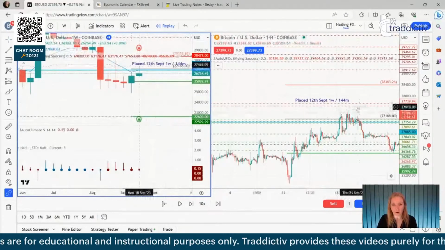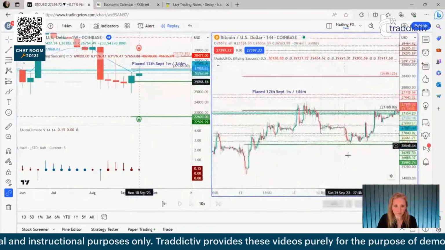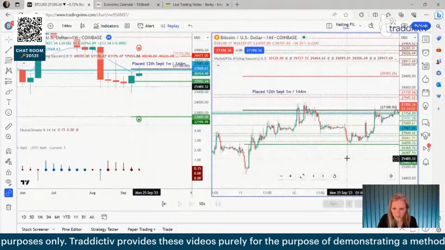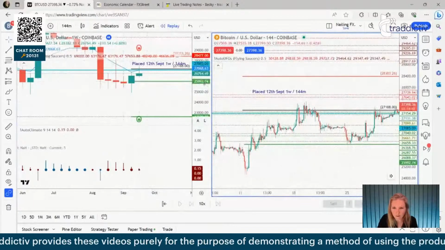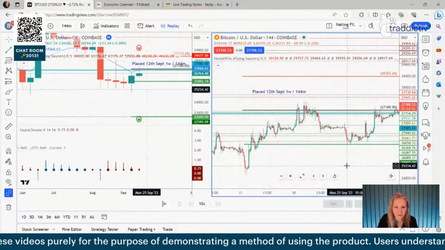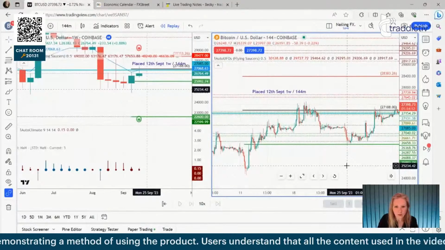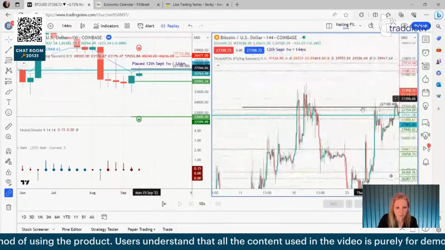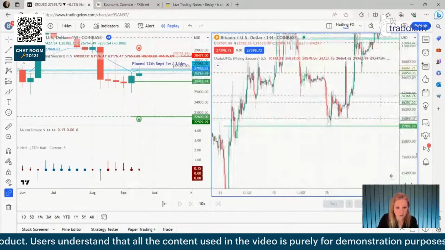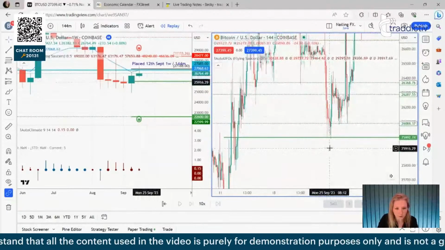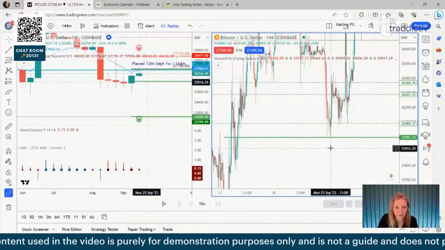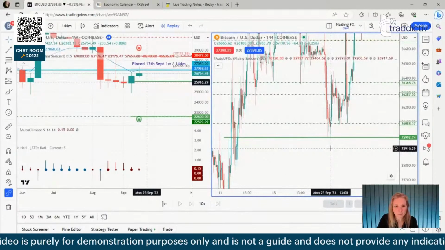Okay, so we can see by the looks of it, the first target was 25,992.74. So if we just spread this out, it'll be easier to tell. As we can see here, we had this candle that I'm highlighting here.